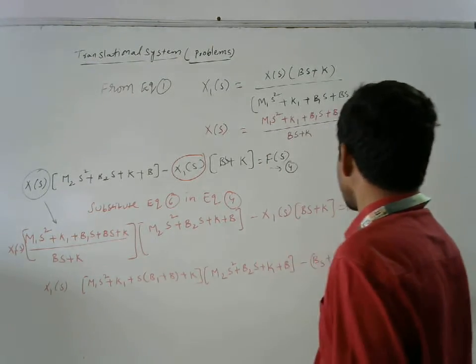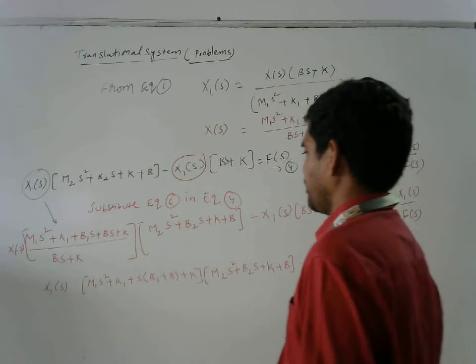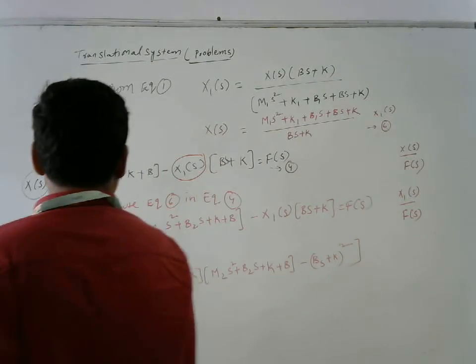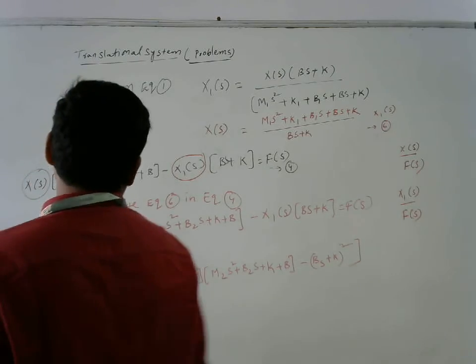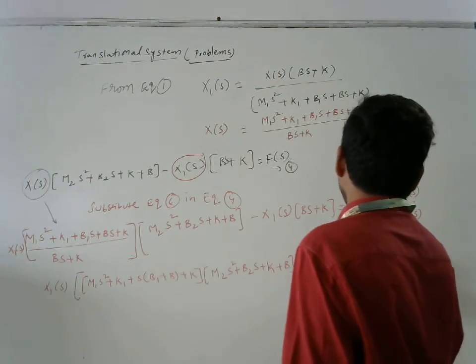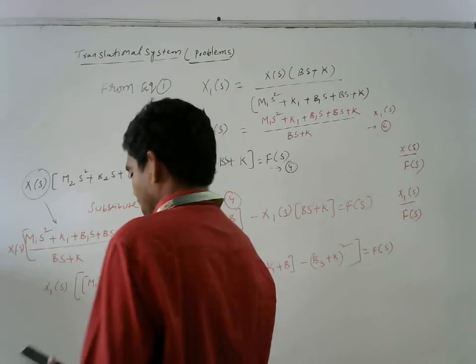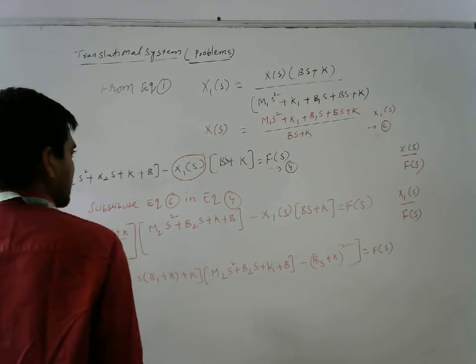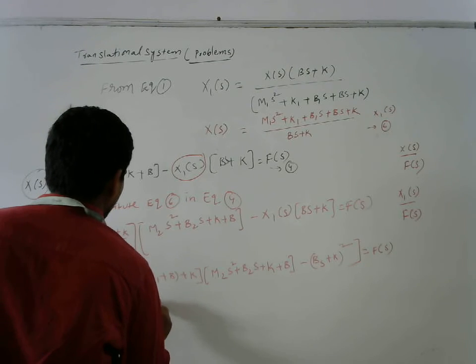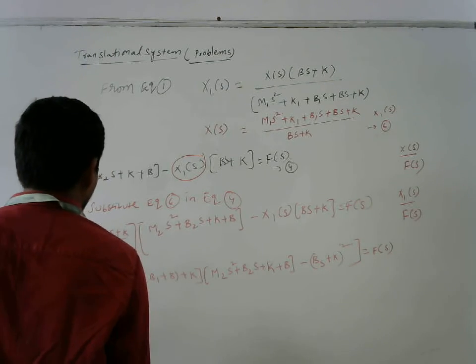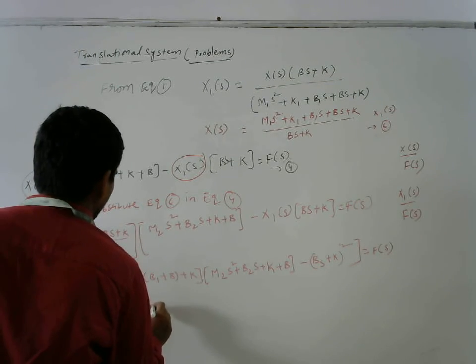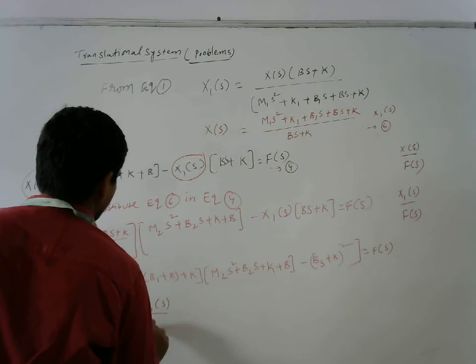If I take x1 of s common, it is equal to f of s. Now which value are we going to find out again? x1 of s by f of s.